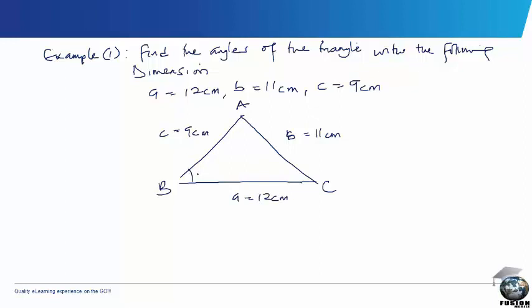We don't know the angles B, C, or A around this triangle. So how do we find them?